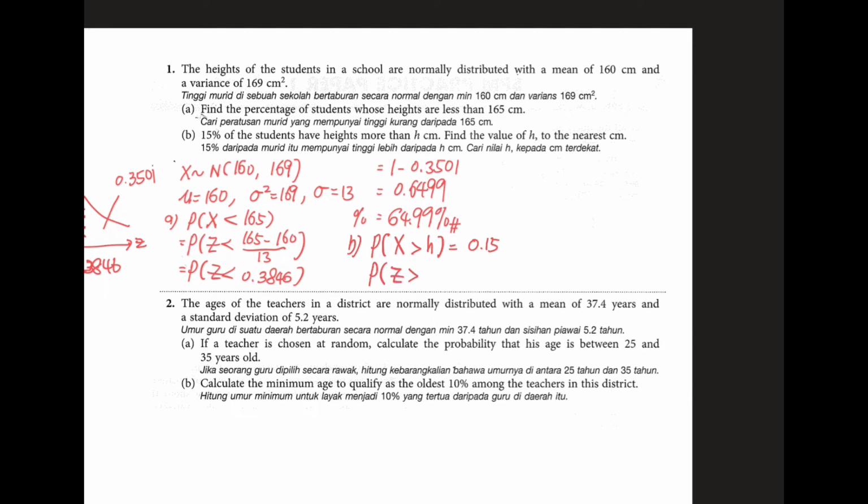Okay, so to find the value of H, we change it to Z-score first. H minus mean divided by standard deviation 13 equal to 0.15. Okay, then we continue here. Now let's imagine the graph. The graph is going to be like this. Our Z-score is here.